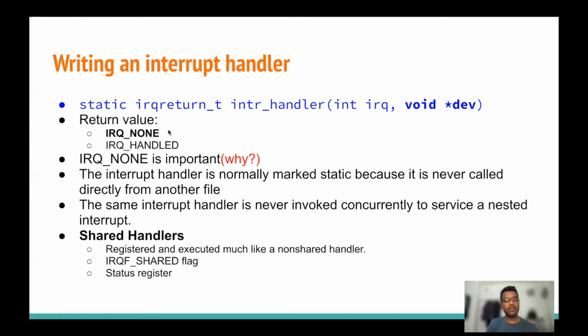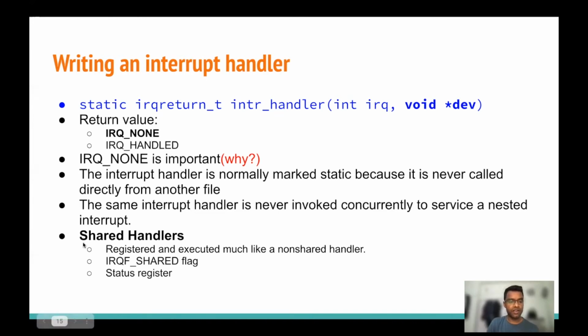When it detects that the interrupt is raised on that line, but that interrupt was not raised by a registered device, then it returns IRQ none. When a line is shared by multiple devices and all the handlers on that line return IRQ none, the kernel can know that something wrong is happening, and that interrupts are wrongly being generated on that line. According to that it can reset.